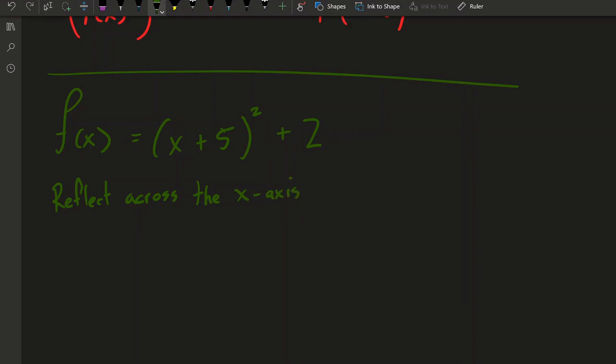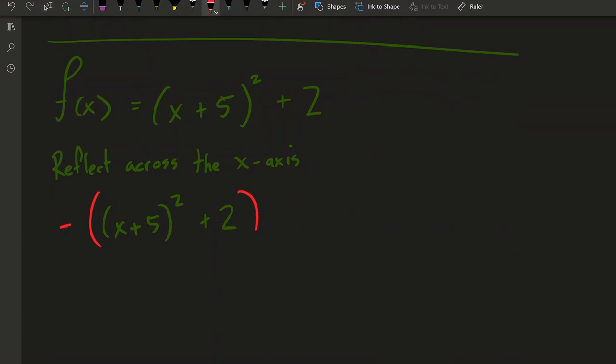I would take x plus 5 squared plus 2, I would put that in parentheses and multiply the whole thing by -1. Using the distributive property here, I would get negative x plus 5 squared minus 2. We'll call that g of x. And be careful here, make sure you don't distribute the negative into the parentheses. Since that monomial has been squared, we can't multiply that negative in. So this would actually be the simplest function that we can get.